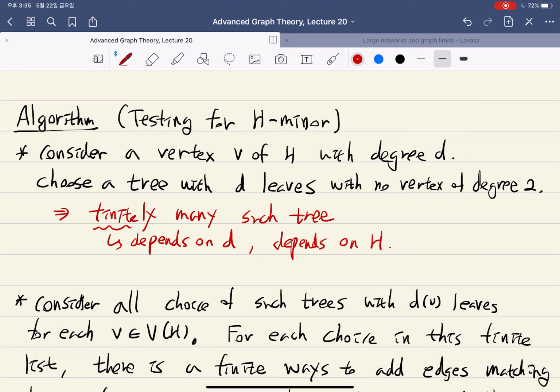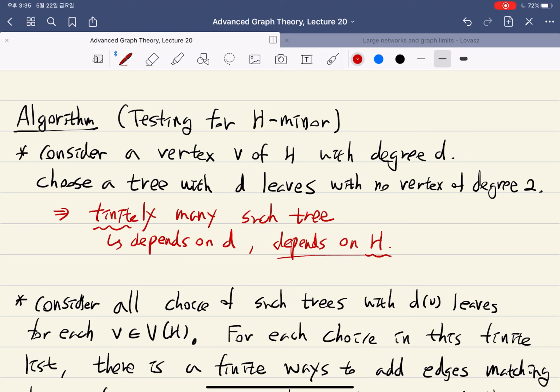Now we said that we fixed H. So any number that depends on H is just a finite constant that we don't really care much about, because our goal is to find an algorithm which solves the problem in polynomial time in n. And n depends on the size of the given host graph G that we want to check.